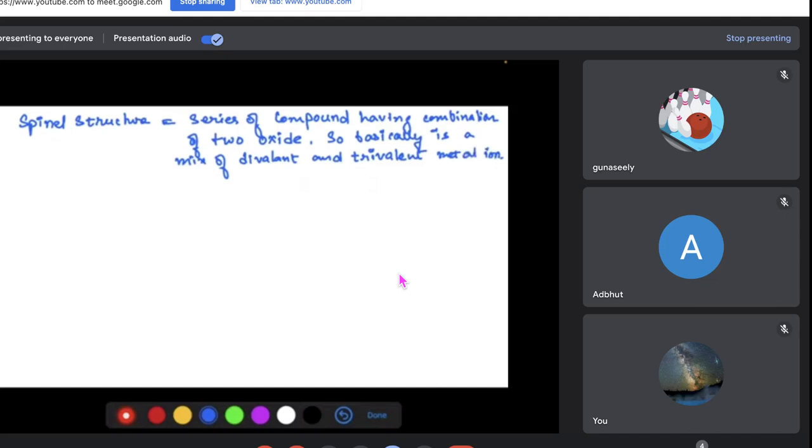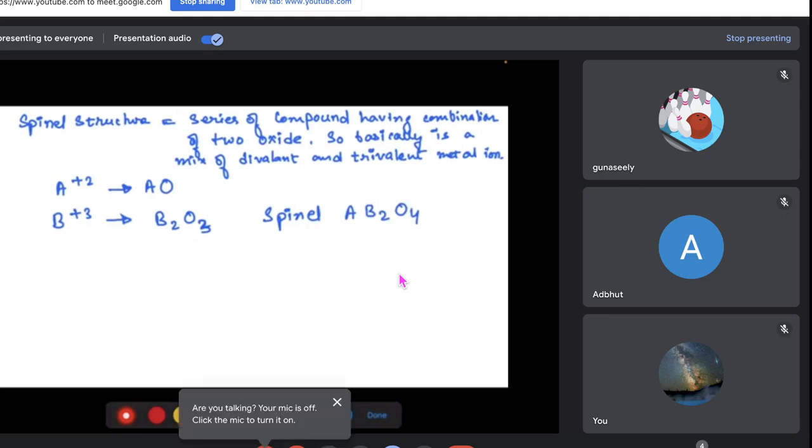By saying divalent, that is A plus 2, it will form oxide AO, and a trivalent metal ion like B plus 3 will form oxide B2O3. So my spinel will be AB2O4. Okay.